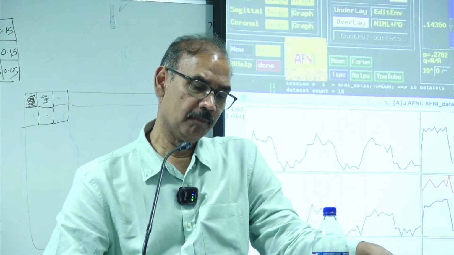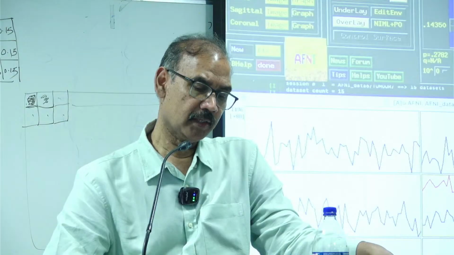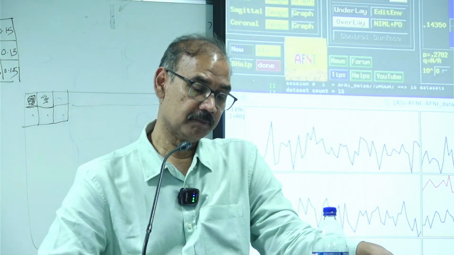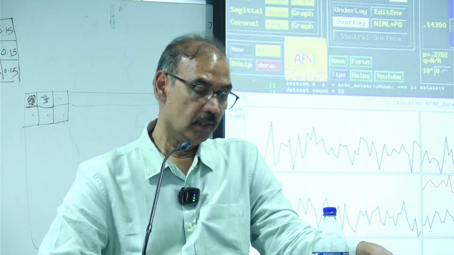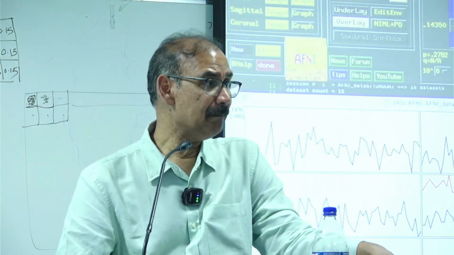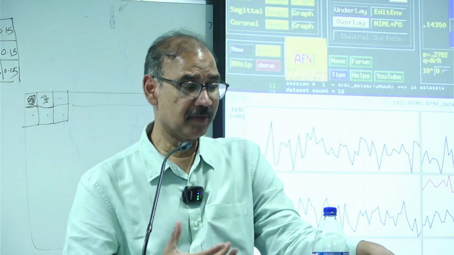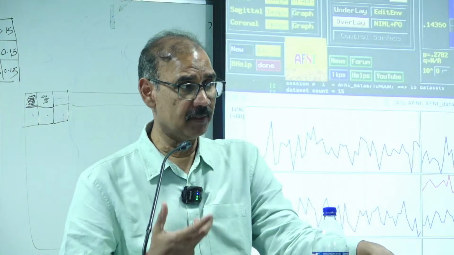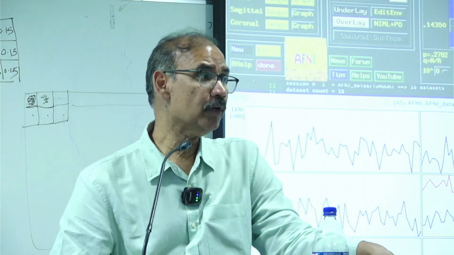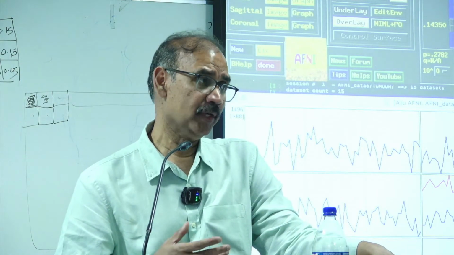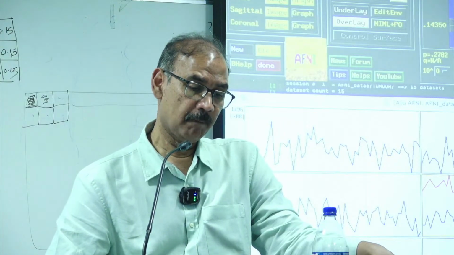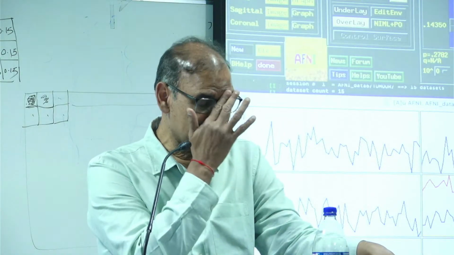Okay, well, the tumor region looks like this, right? So maybe the tumor region has a signature, maybe. We don't really know. We can test it. So let's say what you're saying is true.